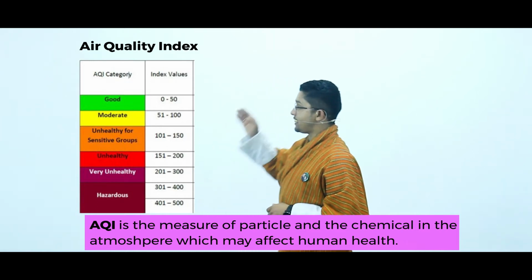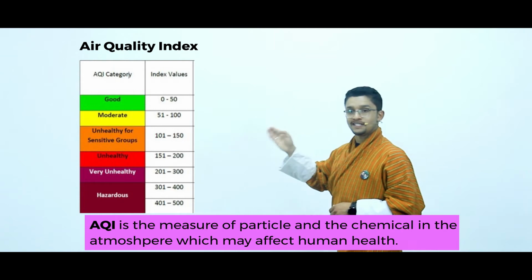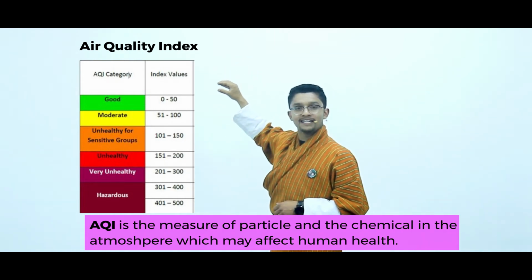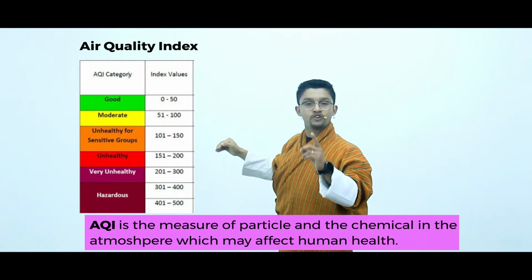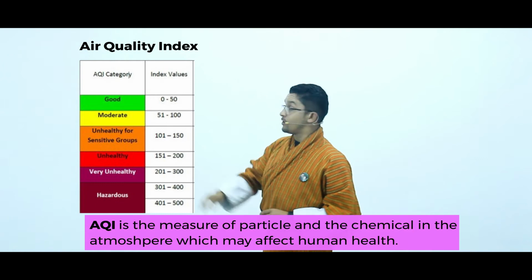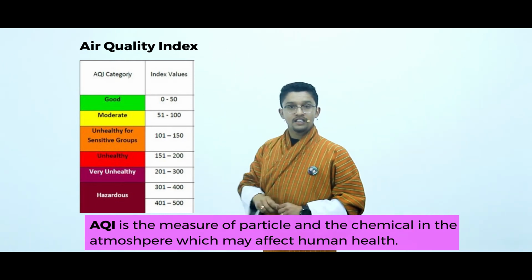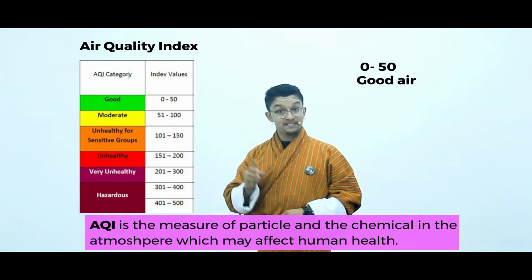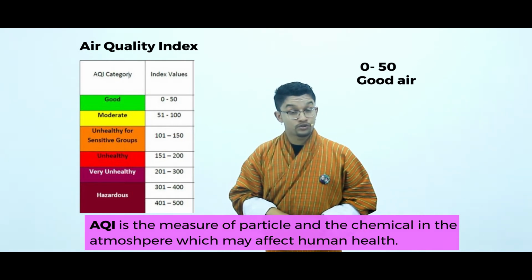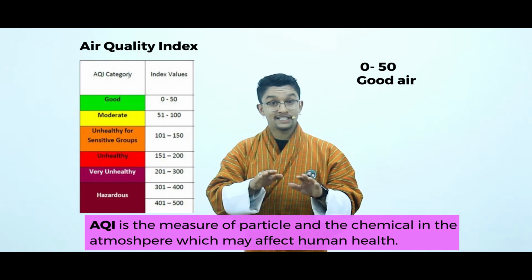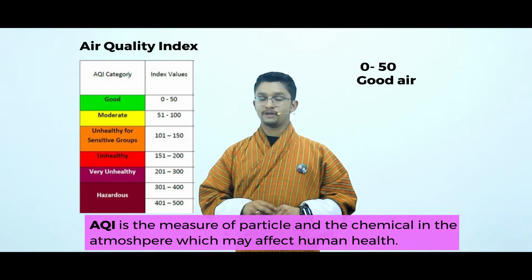As we look at the scale, if the value of AQI is more, the atmosphere is more polluted. In the beginning, if the value comes between 0 to 50, it means the quality of air is good, which means the amount of pollutant in the atmosphere is quite less, and it's good for human health.